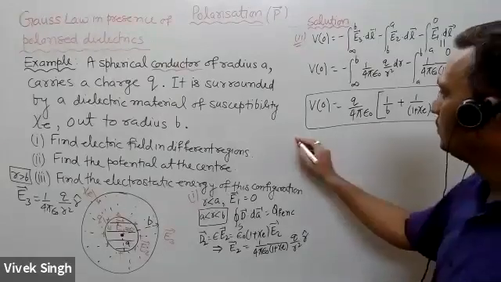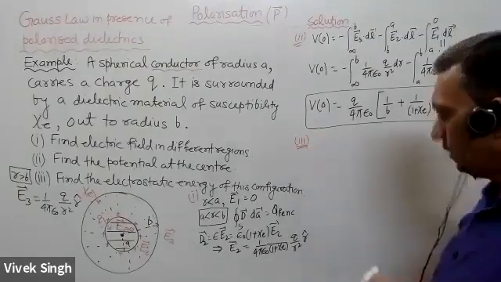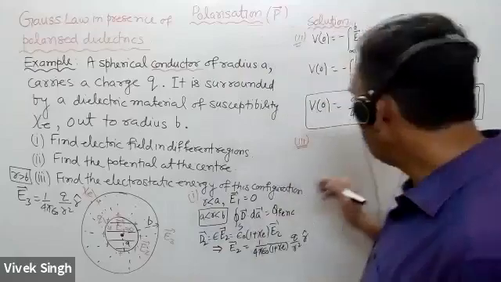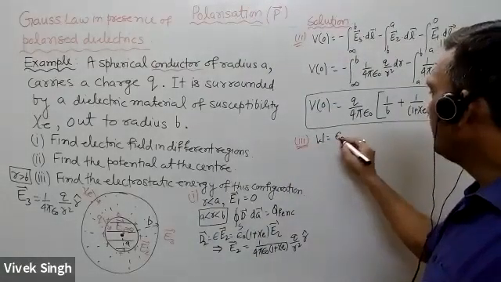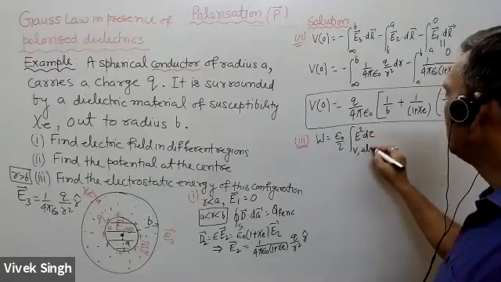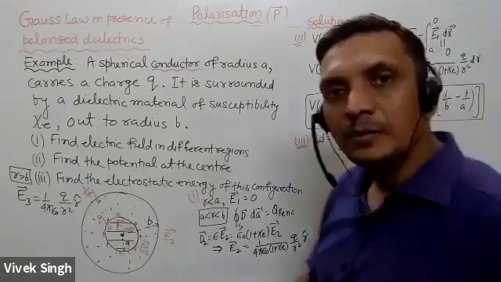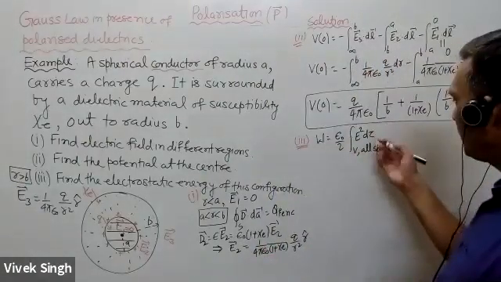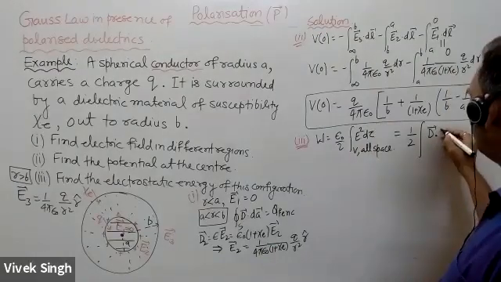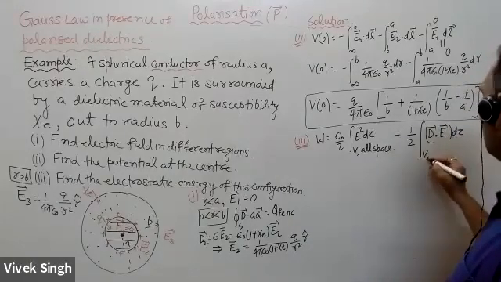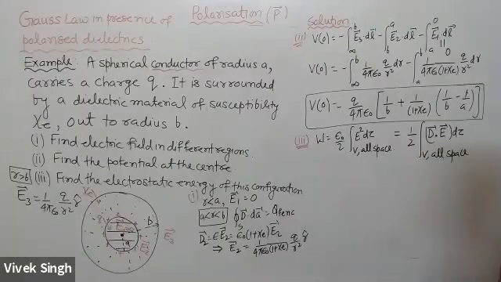And then last part, electrostatic energy of this configuration. So we have discussed electrostatic energy as integral of epsilon by 2 E square d tau over all space, but this is for unpolarized dielectric. So if you have a polarized dielectric, just remember this expression in this form. For general case, whether you have polarized or unpolarized, you can remember in this form.